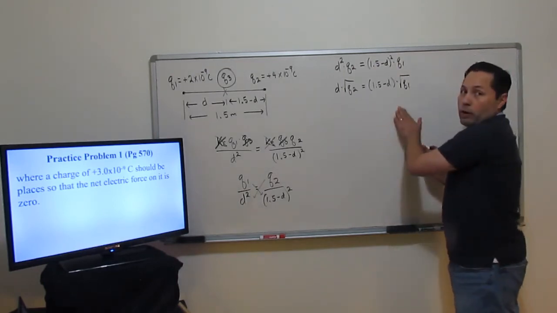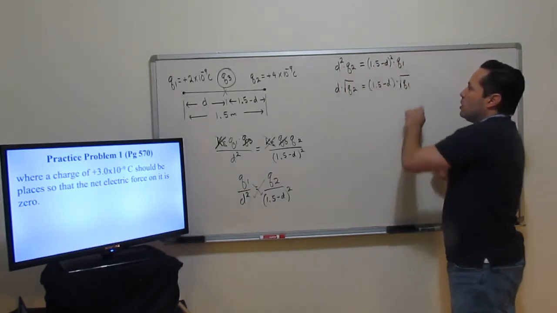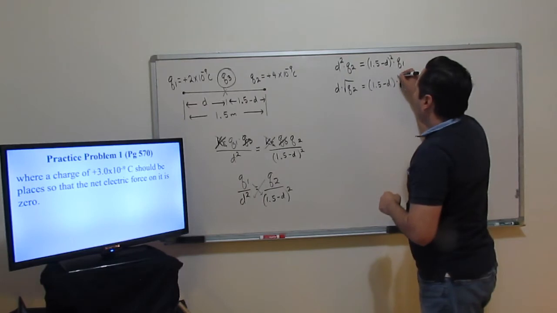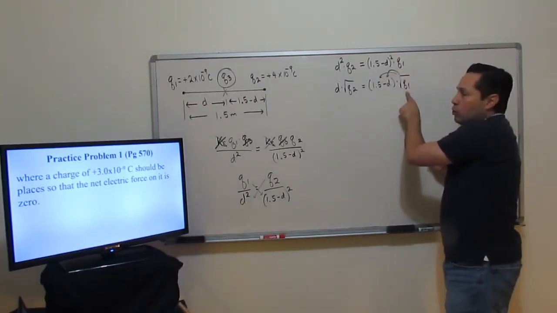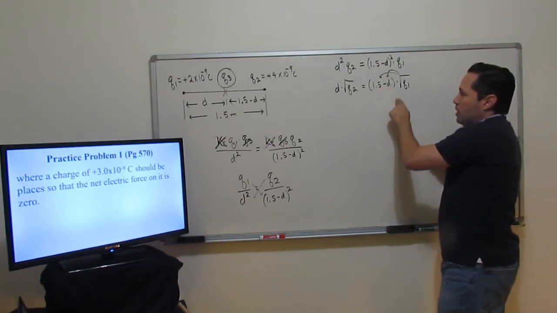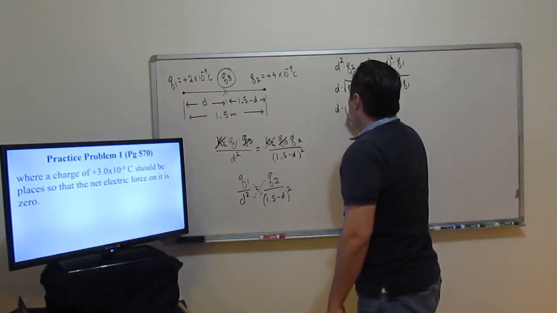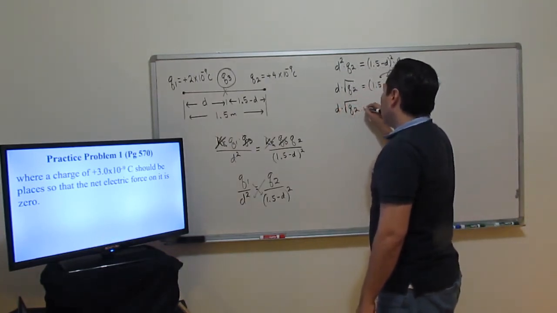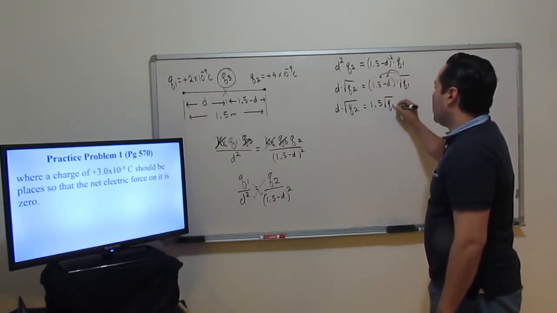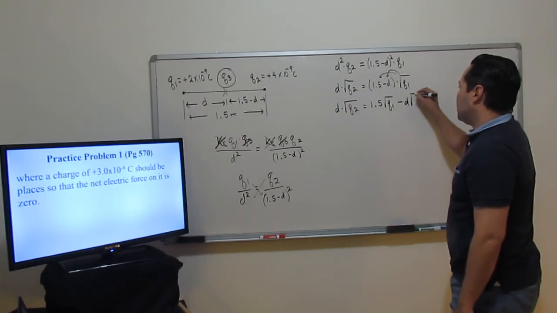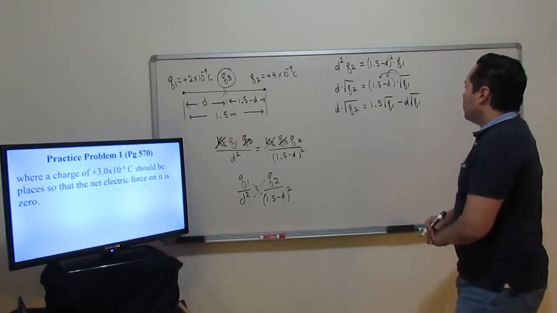After square rooting, we're going to distribute the square root of Q1 to 1.5 minus D. That gives us 1.5 multiplied times square root of Q1 minus D multiplied times square root of Q1.